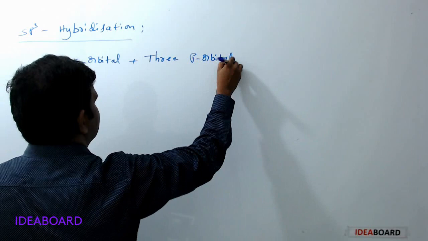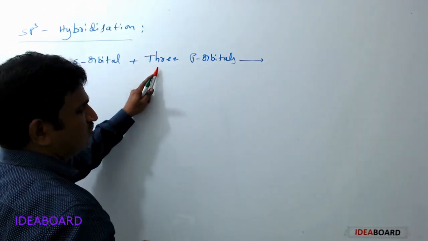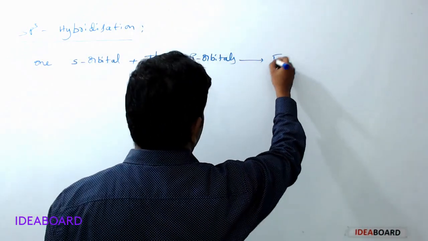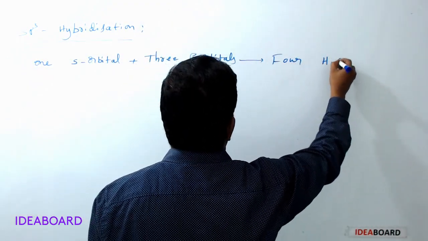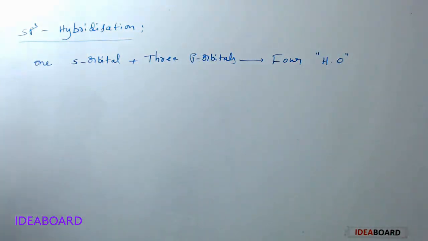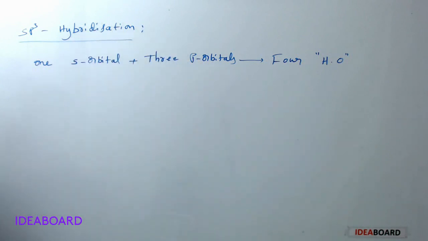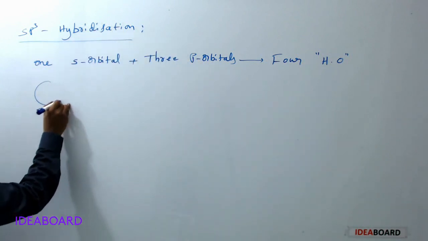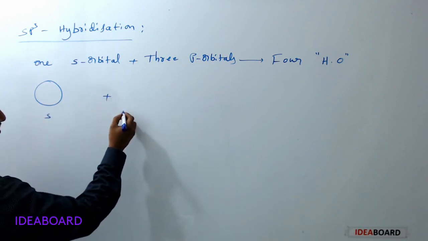Here 1, here 3, means totally 4. We are getting 4 identical and new orbitals which are called hybrid orbitals, and that is called the sp3 hybridization process. Here the 1 s orbital is spherical in shape.